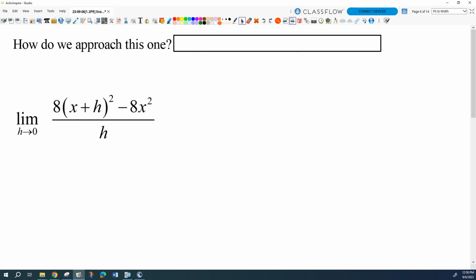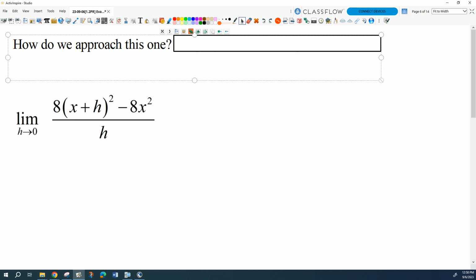H. We need to be able to cancel a factor h in the top and bottom, and then we'll be able to take our limit as h goes to 0. We can evaluate directly, and the h's are going to be replaced by zeros. We never said anything about the x's, though, did we? The x's are not being acted on at all in this limit problem, right?